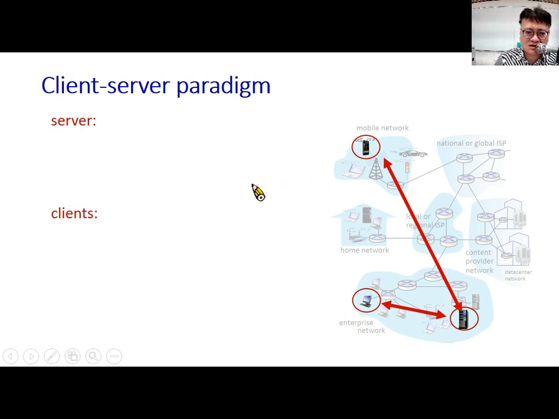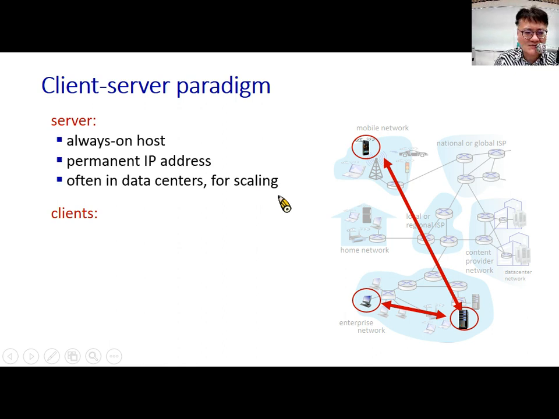So you can see the client-server paradigm behavior. You can see this one. The server is always-on host, right? And it has a permanent IP address. A mobile phone should have a dynamic IP, but for the server, it should be a permanent IP address. It is very often used in data centers for scaling.